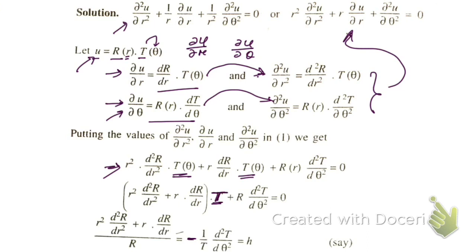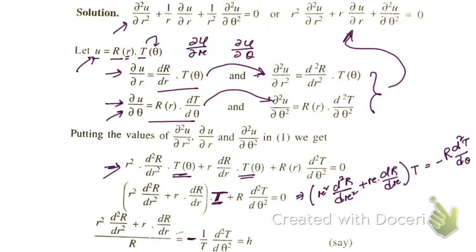This equation implies that r square second order derivative of capital R with respect to small r, plus r into d capital R by d small r, into t, and minus r second order derivative of capital T with respect to theta, right?